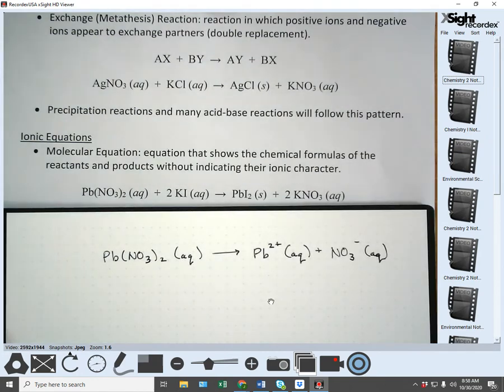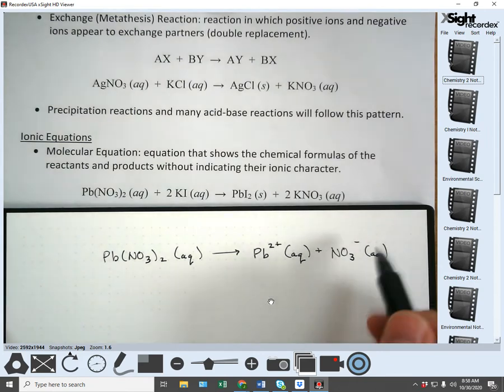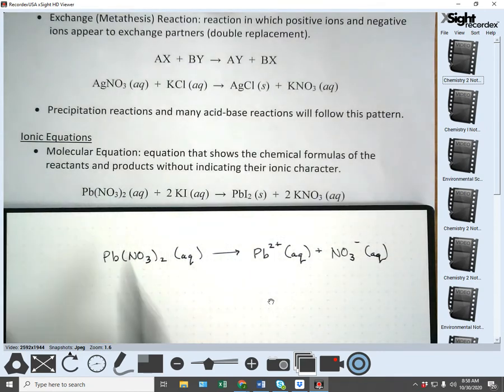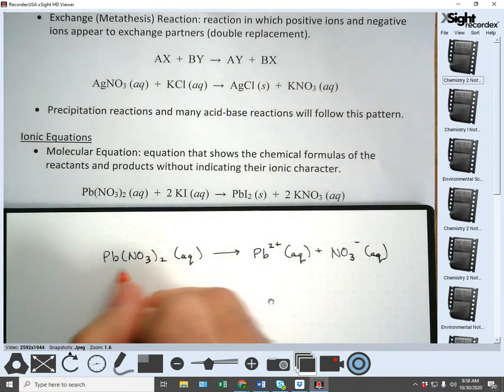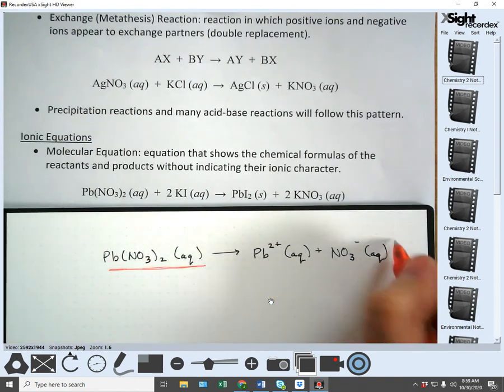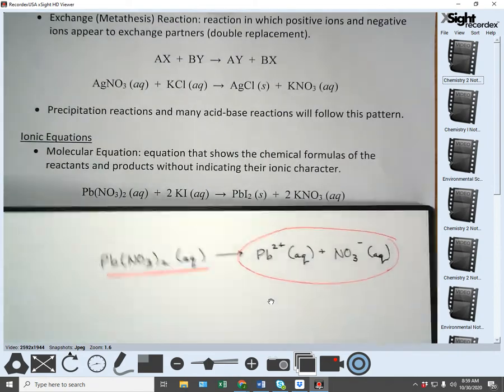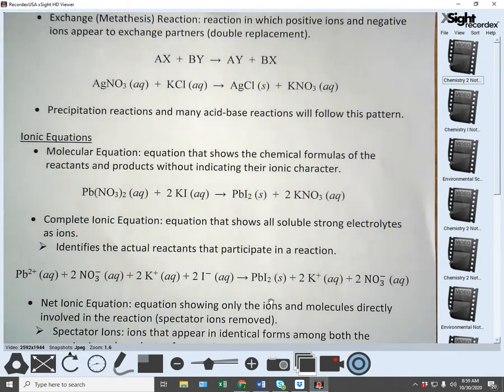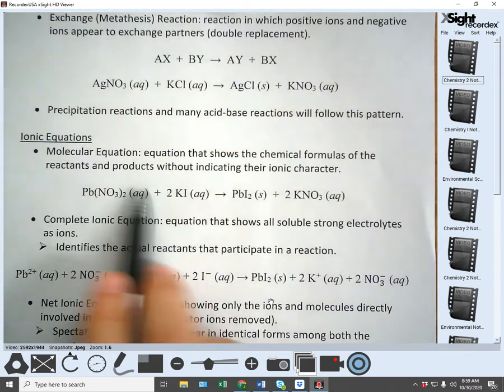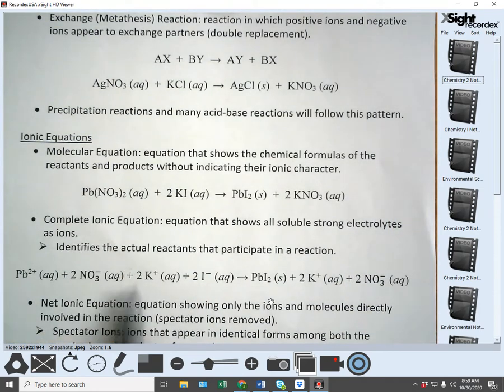So basically, in our molecular equation, we want to replace this with this. If we look down here, this got replaced with this.